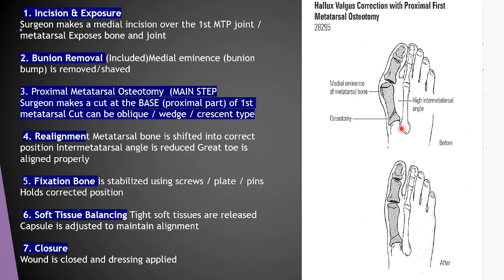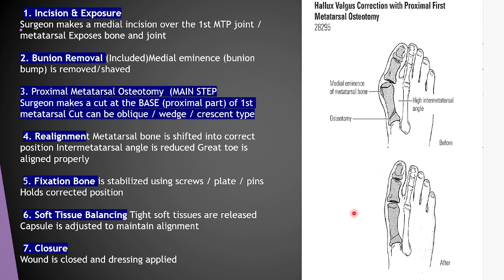After that, fixation of the bone is applied, stabilized using screws, sometimes pins and plate. And after that, he will do the soft tissue balancing, closure of the wound, and a dressing will be applied. So here is what the foot looks like before and after the procedure.